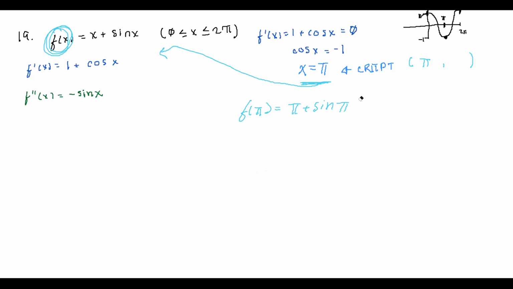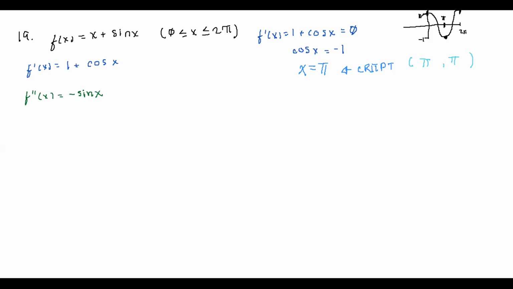So I'm going to end up with the point (pi, pi), because sine of pi is going to be equal to 0. Thoughts? Okay.